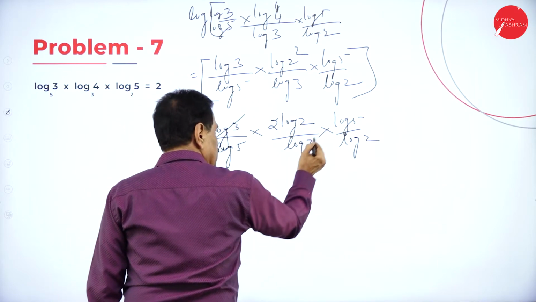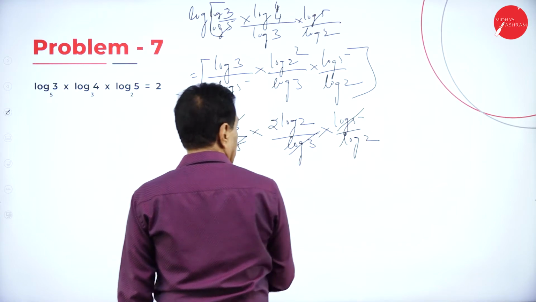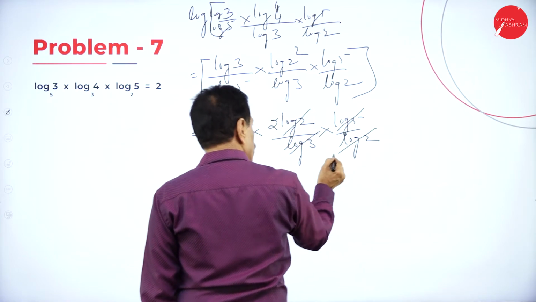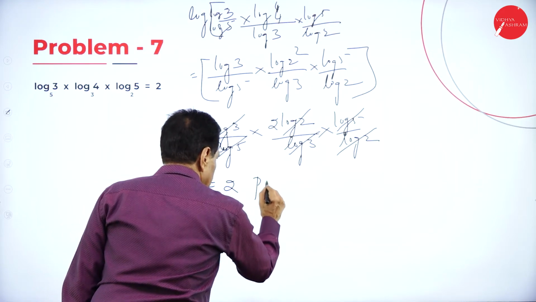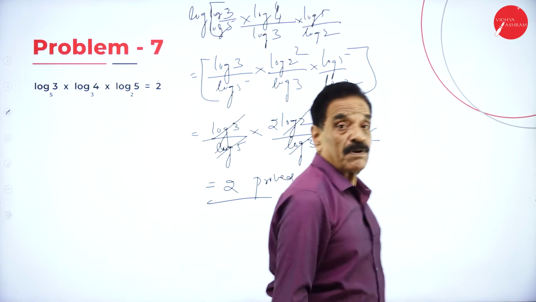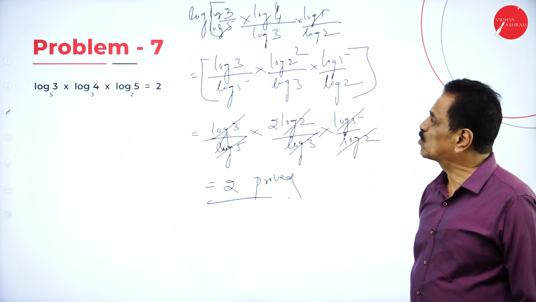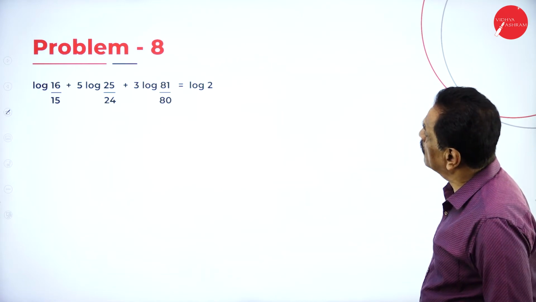Log 3 cancelled out. Log 5 cancelled out. Log 2 cancelled out. Answer is 2. Proved. Very, very simple problems. Slowly we have to do. We'll move on to next one.